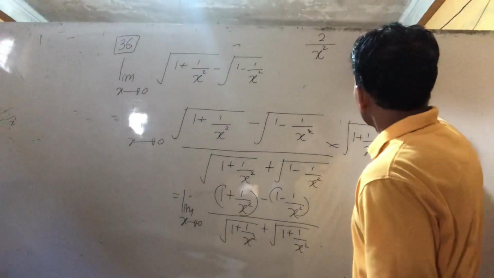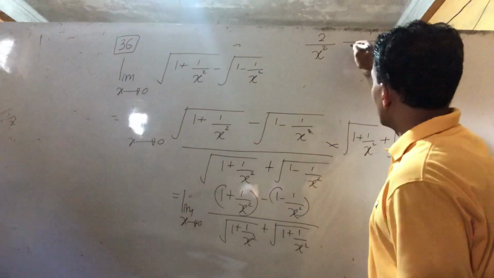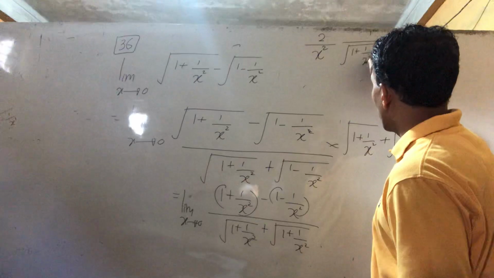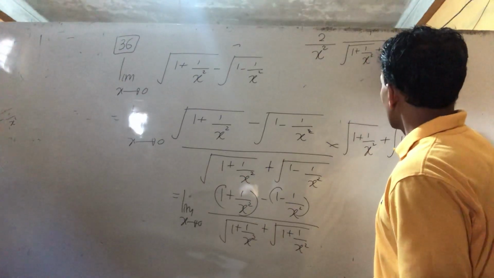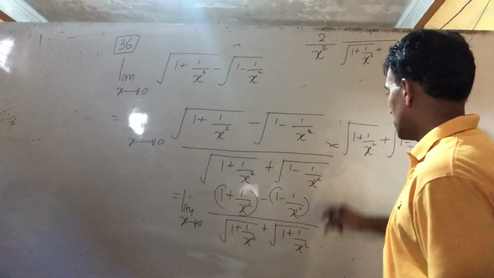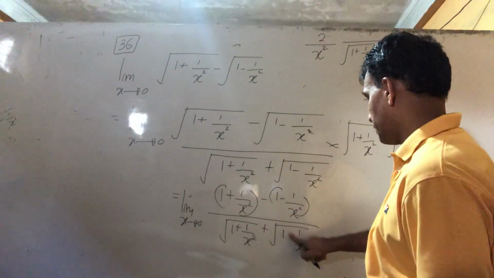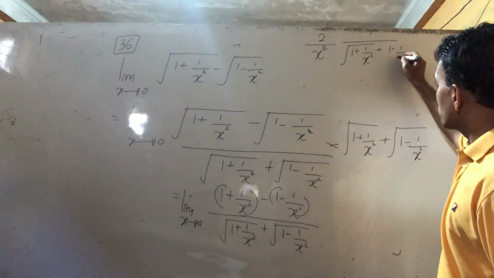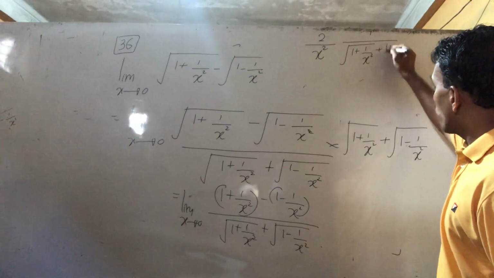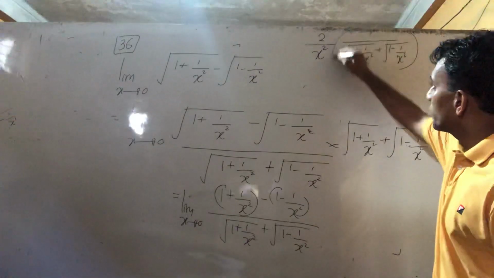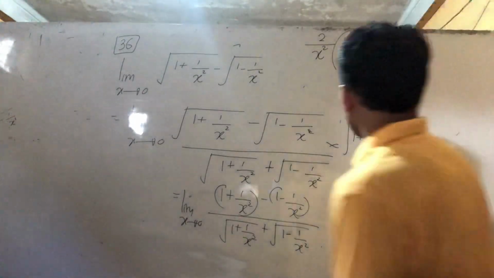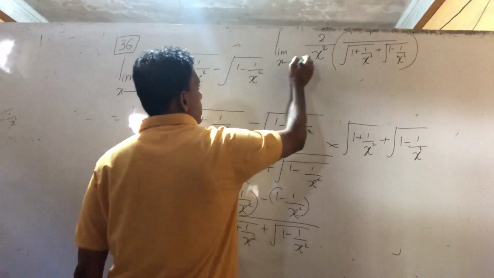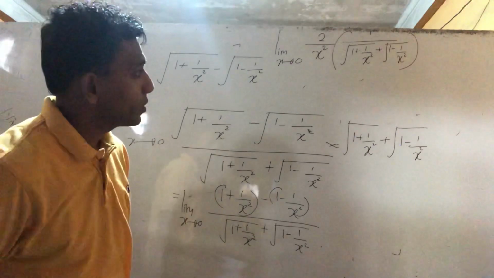And this pattern is 1 over the sum of the two square roots remaining here. Okay, limit x tends to 0.